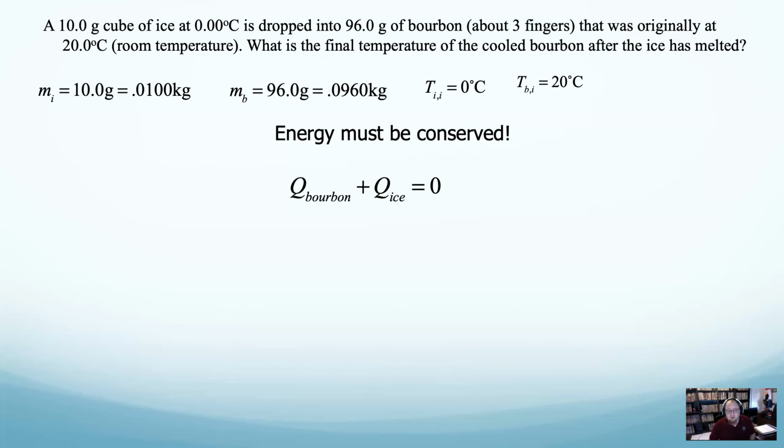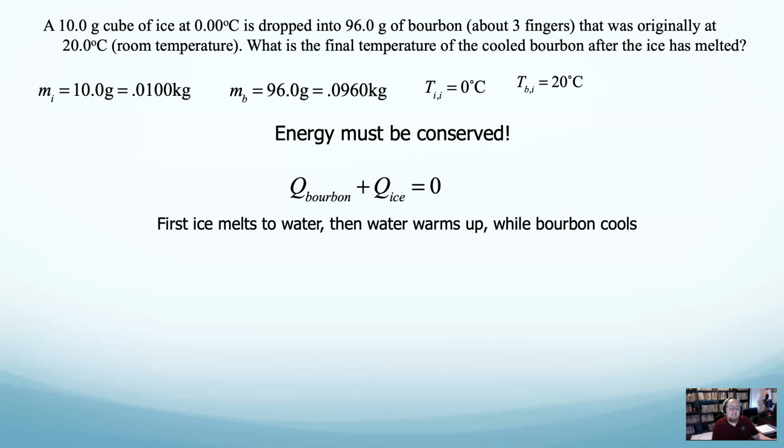And they're still going to try to reach thermal equilibrium. So we have 3 heat things here. We have the ice melting. We have what once was ice is now water warming up. And we have bourbon cooling. So it's really Q bourbon plus Q melting plus Q water, where the water wasn't originally there, but it is now.